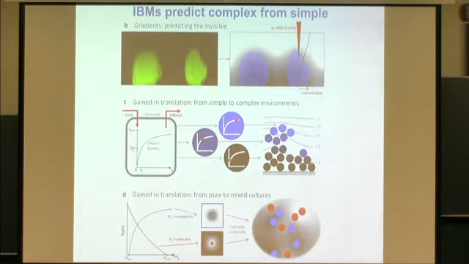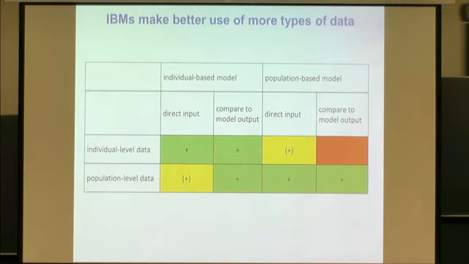So the model basically is able to translate data generated from simple systems into more complex systems, and I guess that's a useful thing to be able to do.